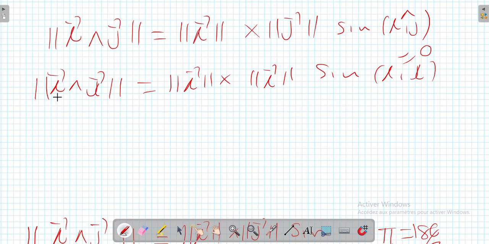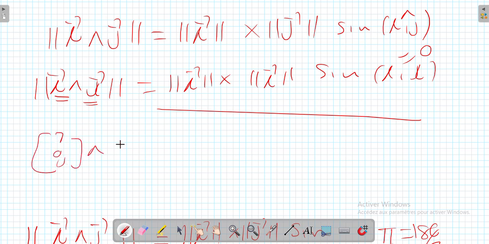You just ask yourself, what is the angle between E and E? This is the same vector, really. There's no angle between them. Okay, you're not going to be using this formula. You're going to be applying what I've just told you, whereby you have 1, 0, 0 vectorial 1, 0, 0.